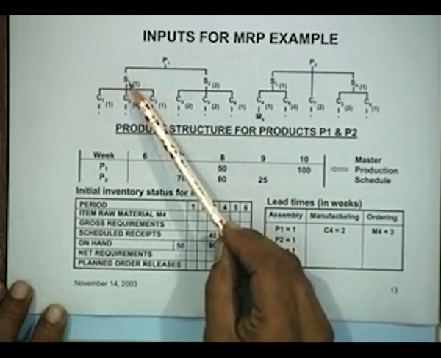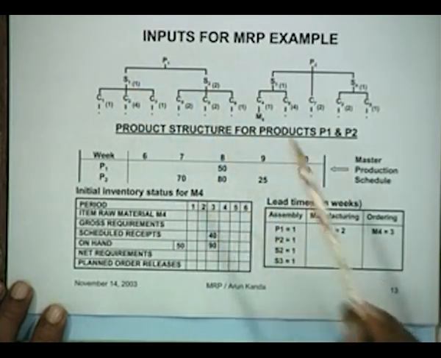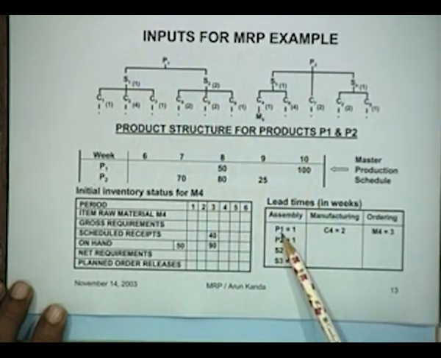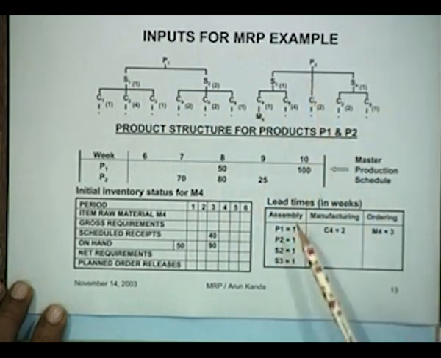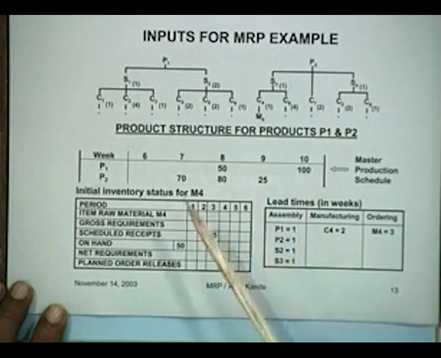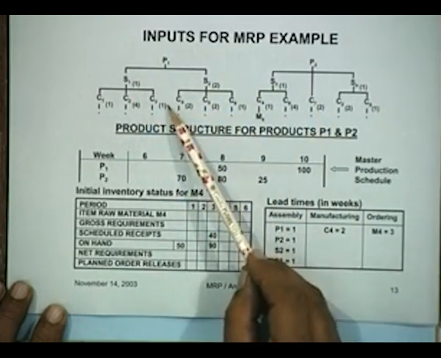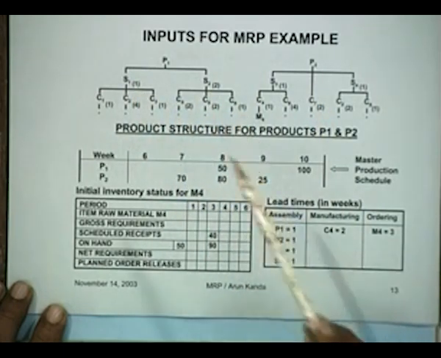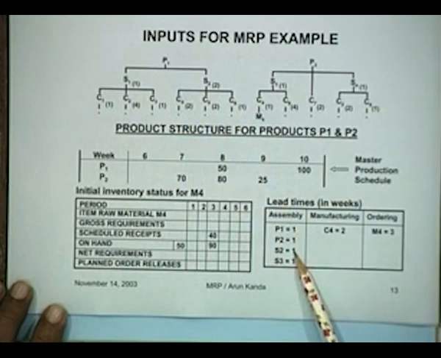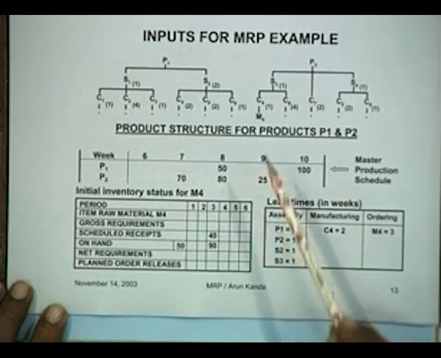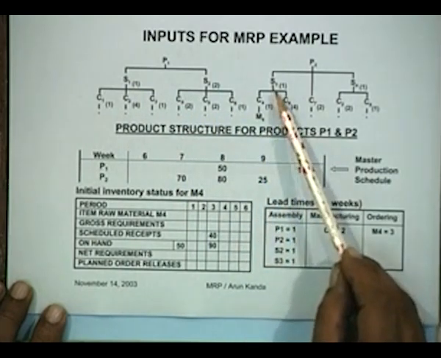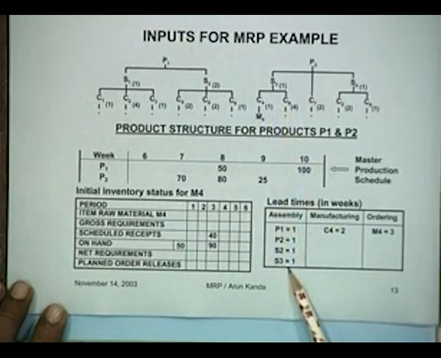This has to be assembled from S1 and S2. So P1 assembly takes 1 week. P2 assembly takes 1 week. S2 assembly of C4, C5 and C6 takes 1 week. And similarly S3, that is the third assembly, takes 1 week.